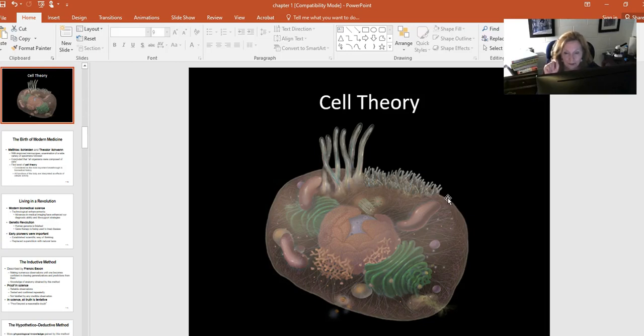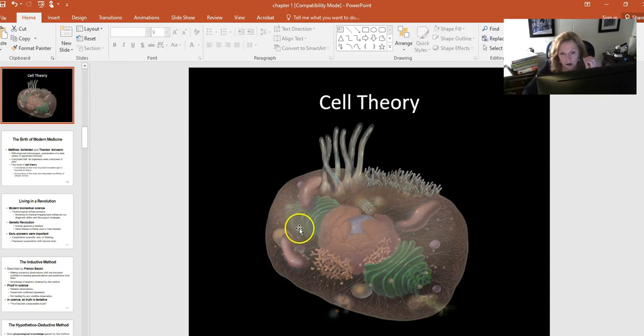Because a scientific theory is a statement explaining a naturally occurring phenomenon in the natural world, the cell theory states two major things. It states that the cell is the smallest thing that we know that has properties of life.